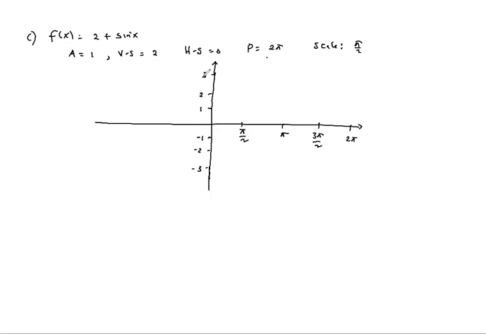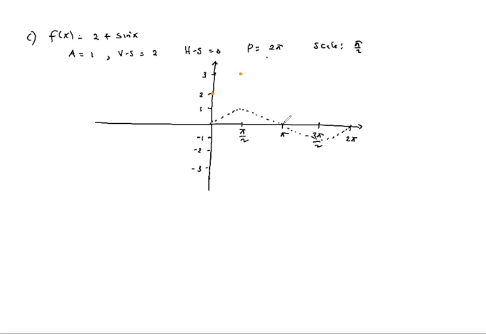And then you sketch the original graph of sine, of course, up to the amplitude, which is 1. So it has to go there. That's the graph of sine. And then this graph of sine must be shifted by 2 steps up. So this point will move to 2. This point will move to 3.